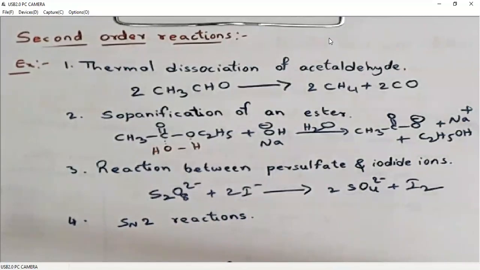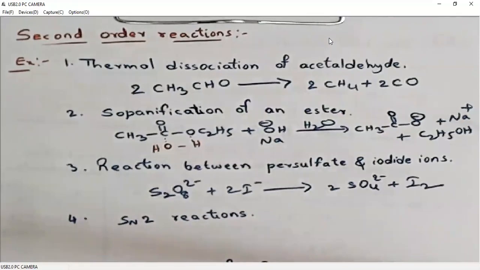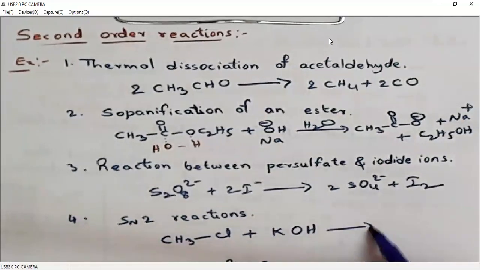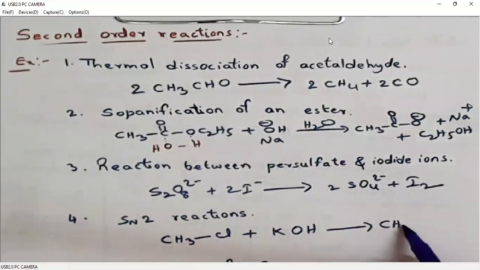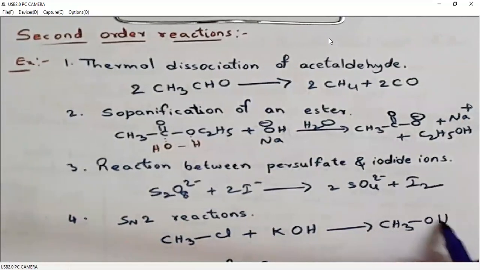Next, all nucleophilic substitution bimolecular reactions are examples for second order reactions. Generally, we encounter these reactions in organic chemistry. So when we want to substitute this chlorine with OH minus, the product is alcohol from haloalkane plus KCl.